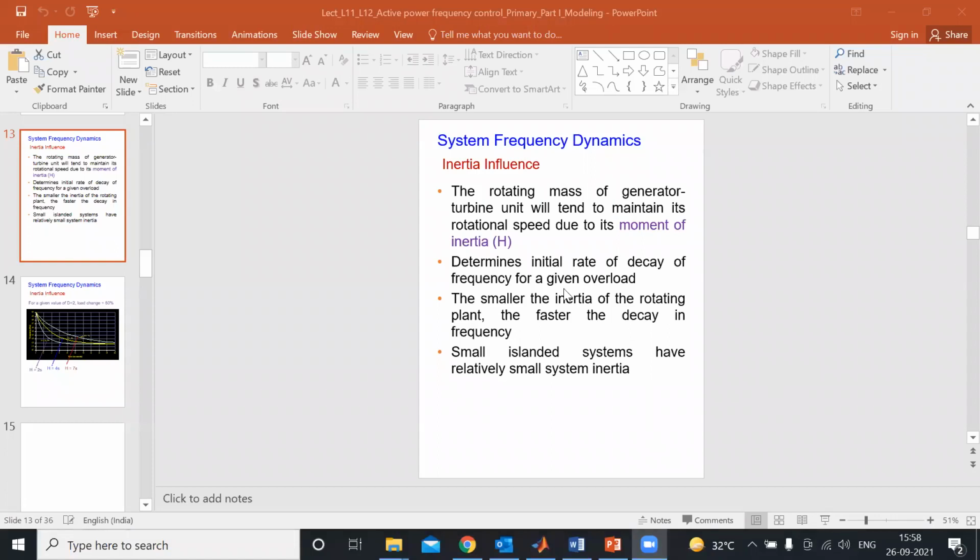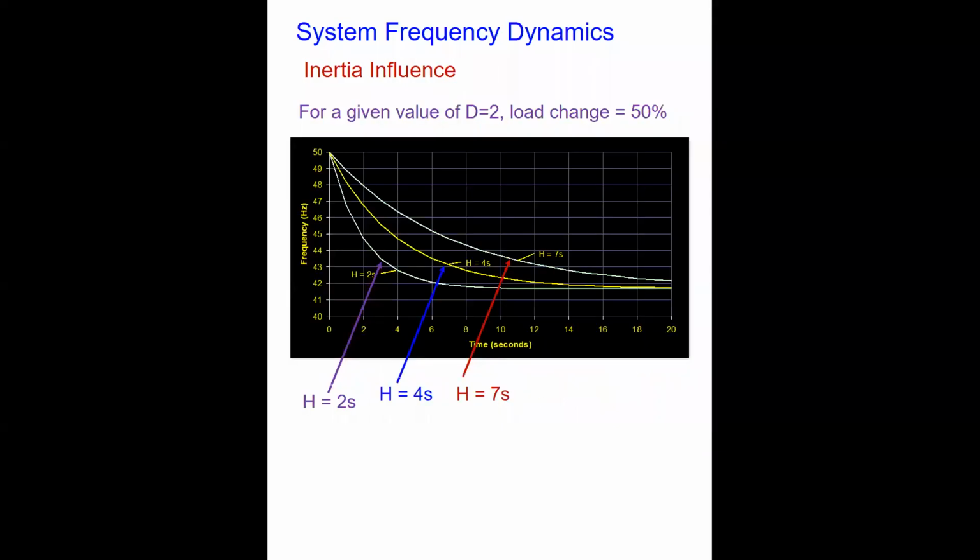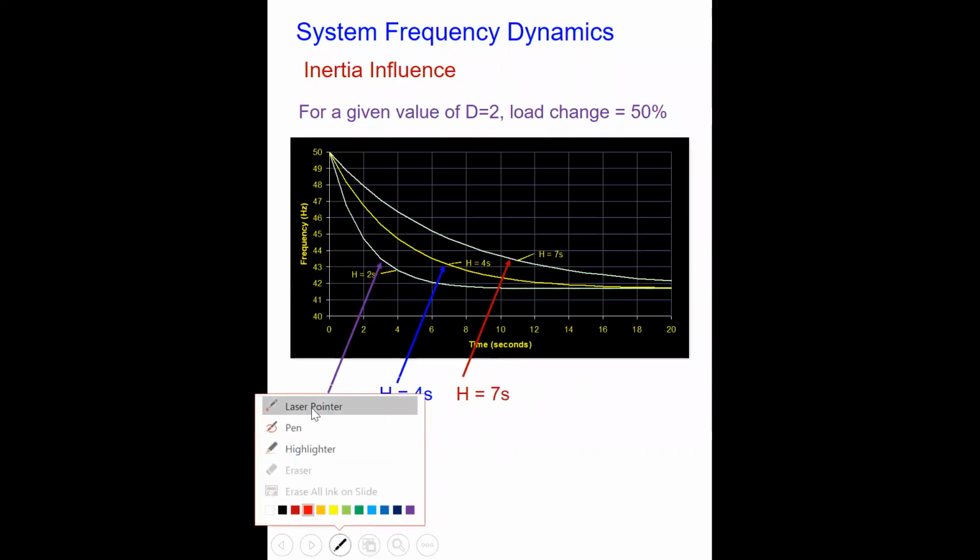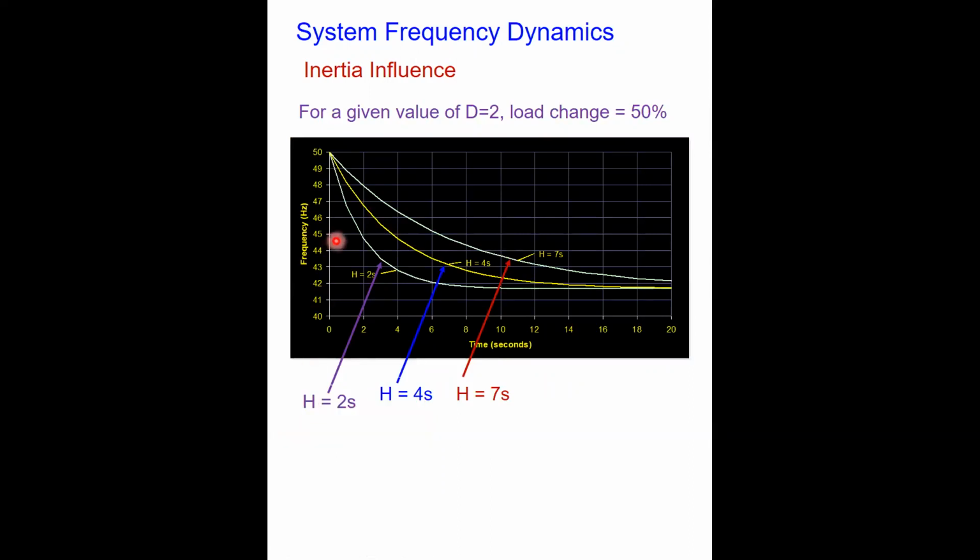So we continue, and what we discussed was what is the impact of system inertia on the variation in the frequency. With this, as we move to the next slide, here you can see on the y-axis you have the frequency, and the x-axis is the time scale, and this is shown for a given load damping constant and a load change of 50%.